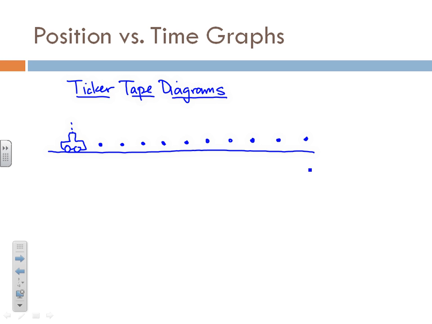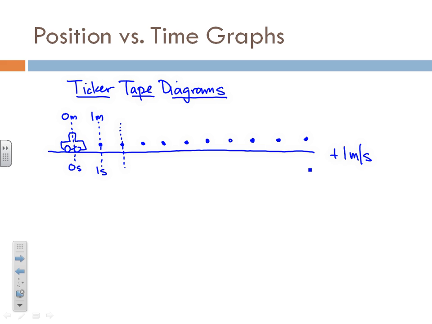So maybe at our starting point, which is 0 seconds, we might have started at 0 meters. Then 1 second later, we might be located at 1 meter. Remember, we went 1 meter in 1 second, so this would be like having a velocity of 1 meter per second. That's the same displacement of 1 meter every second.